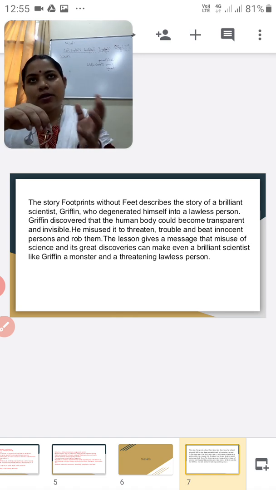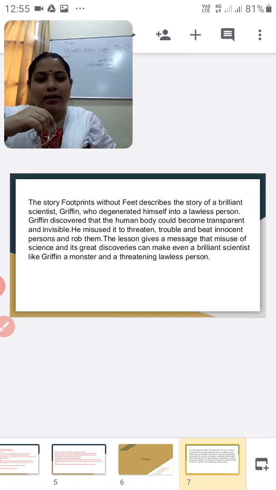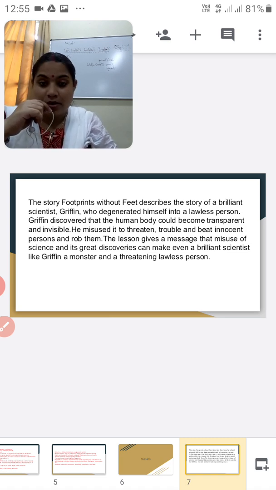He could have used this for constructive purpose. Instead of that, what he did, he misused it to threaten, trouble and beat innocent persons and rob them. The lesson gives a message that misuse of science and its great discoveries can make even a brilliant scientist like Griffin a monster and a threatening, lawless person.